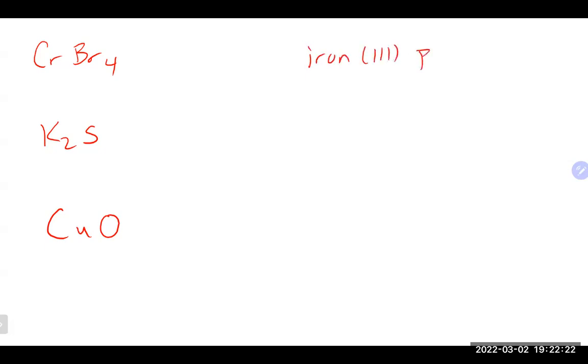So let's say we had CrBr4. Let's say we had K2S. Let's go with CuO. And let's do iron 3 phosphide.